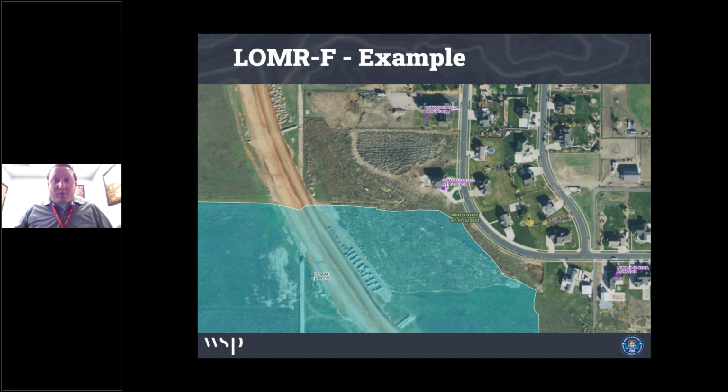Now you're back in the floodplain because the BFE went up, and the new study shows that that's the level of risk FEMA is going to regulate to. Then you would have to work back through that process to determine if you can actually get out or if you're back in the floodplain. So just keep that in mind. Sometimes LOMAs can be superseded by updated studies.